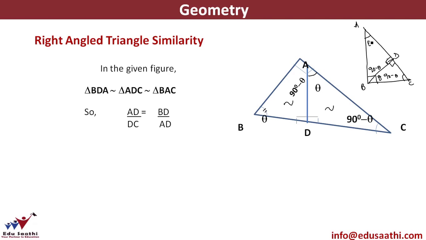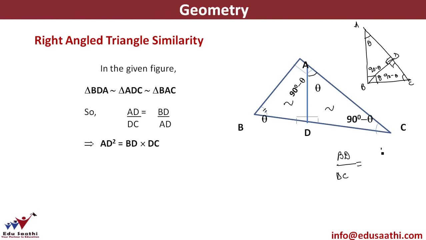So I will take the corresponding angles which are equal: theta which is BD and theta here which is DC, 90 minus theta which is AD in this triangle, and 90 minus theta which is BD in this triangle, and I can always solve for the things. So if I write it down, I am taking the angle theta, it is BD in the first and DC in the second, equal to 90 minus theta.